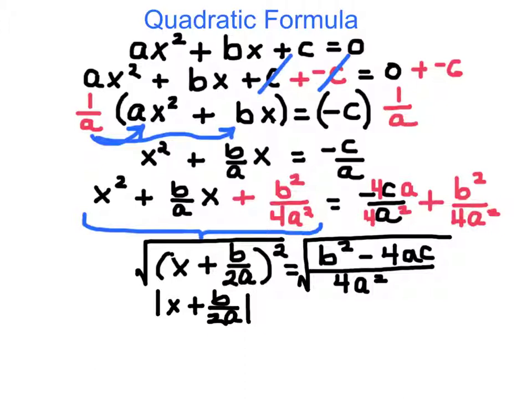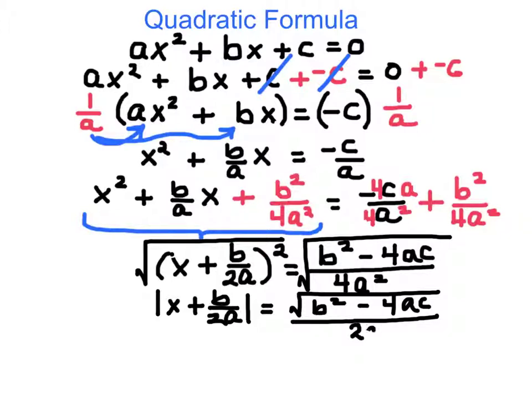On the right, I have the square root of b squared minus 4ac, and in the denominator I can actually take the square root. The square root of 4 is 2, and the square root of a squared is a.